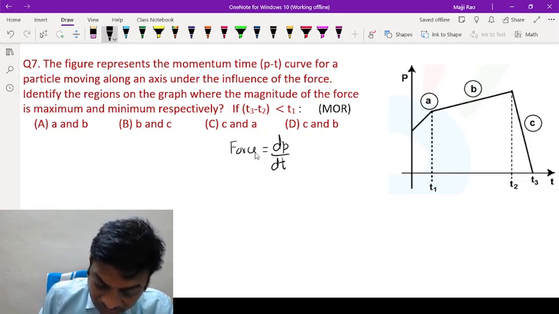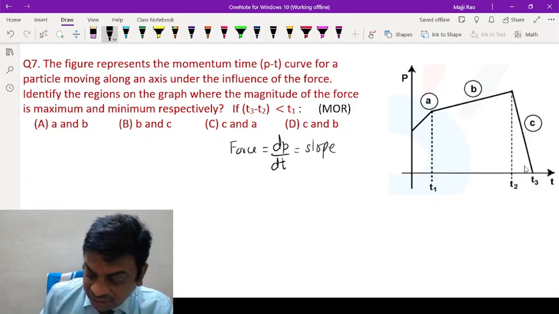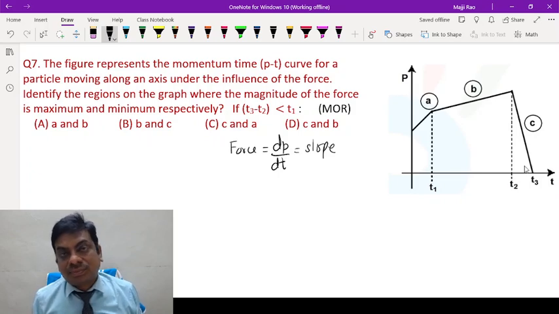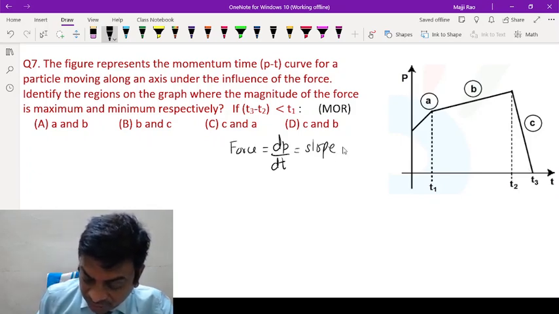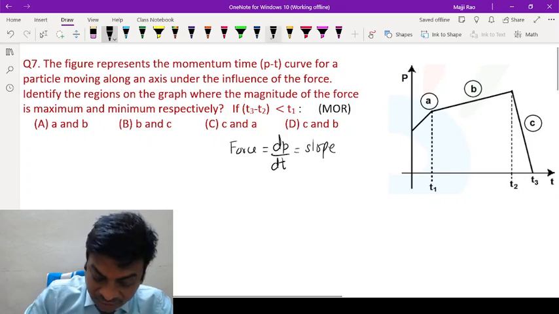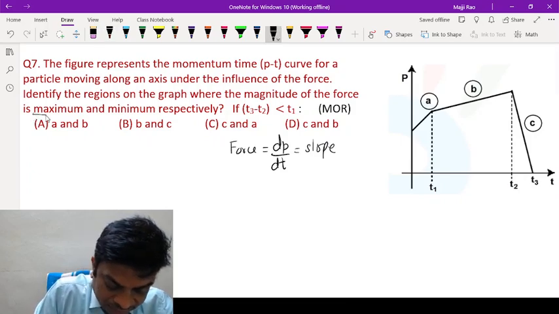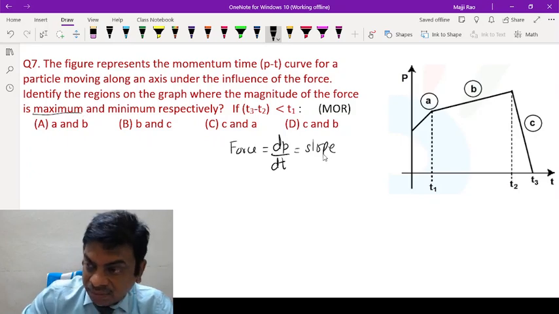So basically, dp by dt will be given by the slope of the p versus time curve. You know from maths, for any function y equal to f of x, dy by dx represents the slope. So here also dp by dt will be the slope, and slope is a measure of the steepness. So in order to have maximum force, the steepness should be maximum.